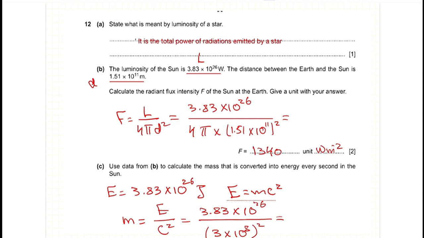The answer is around 4.26 times 10 to the power of 9, and this is in kilograms. So this is the amount of mass that is converted to energy every second.